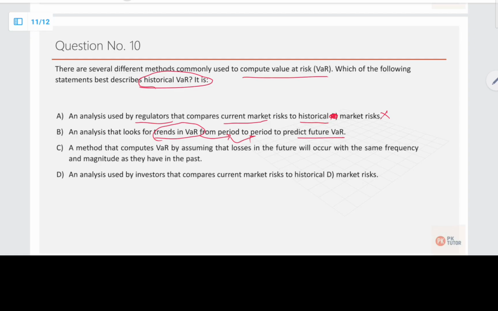We'll keep this. A method that computes VaR by assuming that losses in the future will occur with the same frequency and magnitude as they have in the past. So this is giving something about history. An analysis used by investors that compares current market risk to historical market risk. I'm a little bit confused between B and C. I'll go with C.